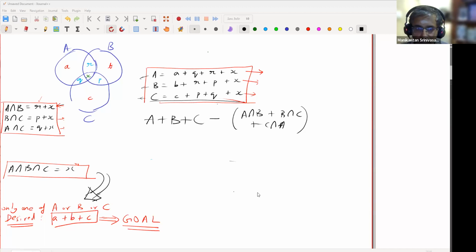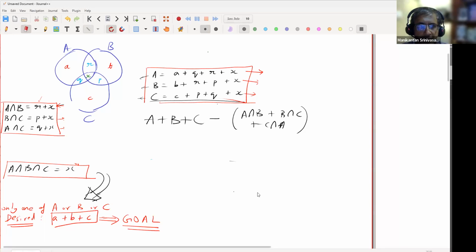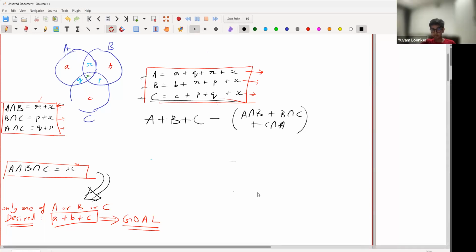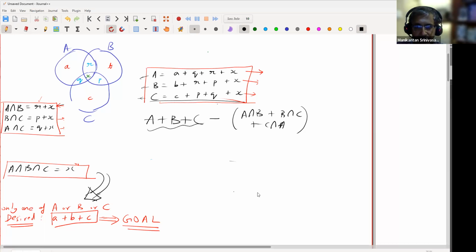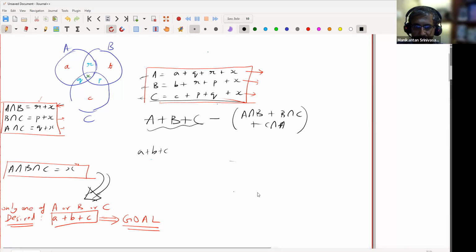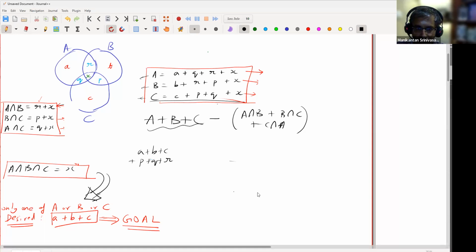So if I do the subtraction, then where do I land up? You get small a plus small b plus small c. But is it? When I add A plus B plus C together, I get A plus B plus C plus P plus Q plus R, actually twice of them, so 2P plus 2Q plus 2R, and then I get 3X.